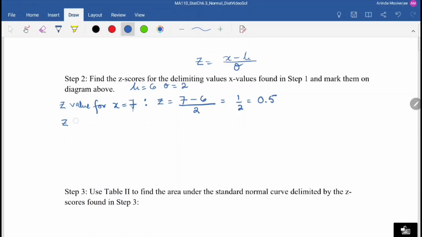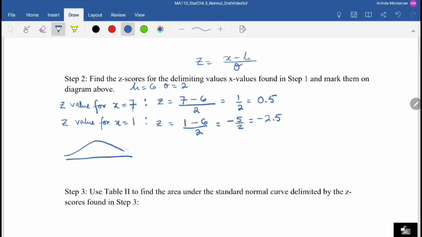So Z value for X equal to 1 is, same formula, but this time 1 minus 6 divided by 2, which is negative 5 over 2, which is going to be negative 2.5. So I'm going to draw my curve at this point. Here's my curve.